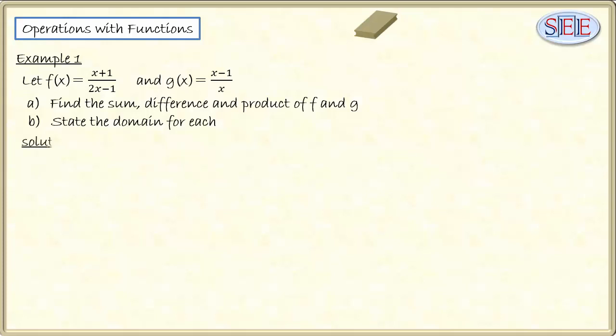So, solution to this problem, let us start with question A, and let us start with the sum of the two functions. So f plus g, that is, I'm attempting to get the sum of the two functions. Remember, in the definition, f plus g would be equal to f of x plus g of x.